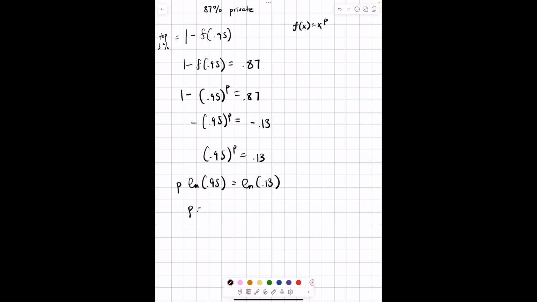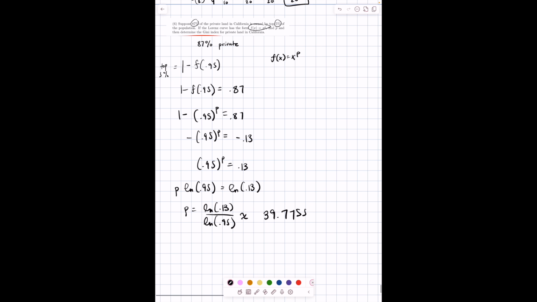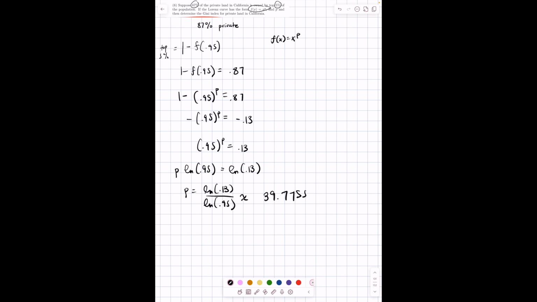And then my answer is ln of 0.13 over ln of 0.95, which is equal to 39.775. And it makes sense because we are talking about the top 5% of people owning 87% of the private land, so we can expect that the curve grows very steep.